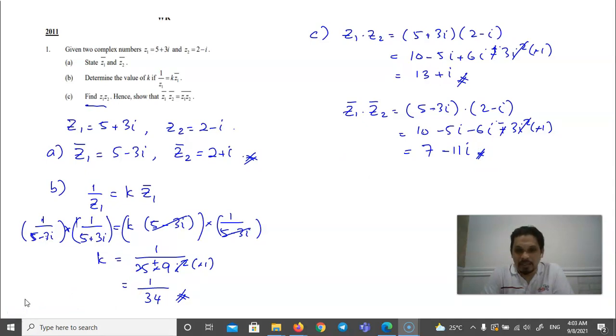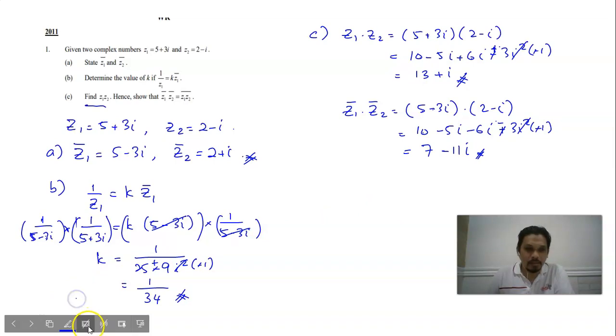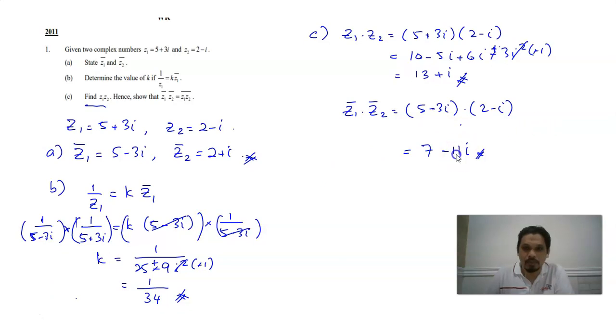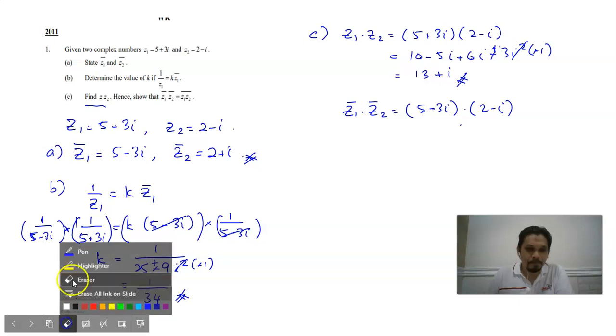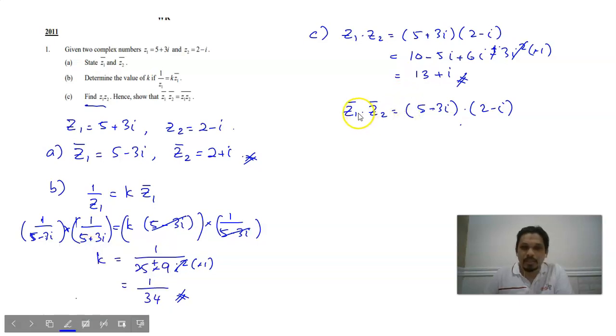Okay class, I think that I made a mistake here. Let me make a correction before we continue. Z1 bar is 5 minus 3i, correct? And Z2 bar is 2 plus i, not 2 minus i here.